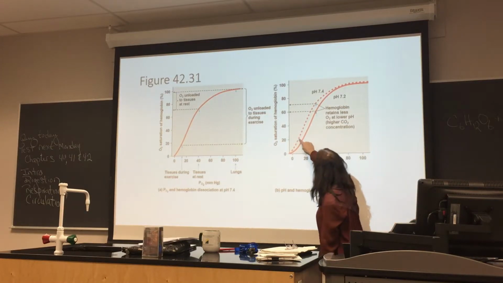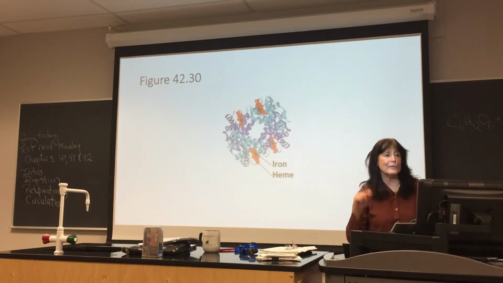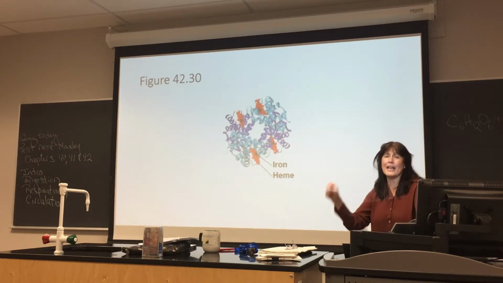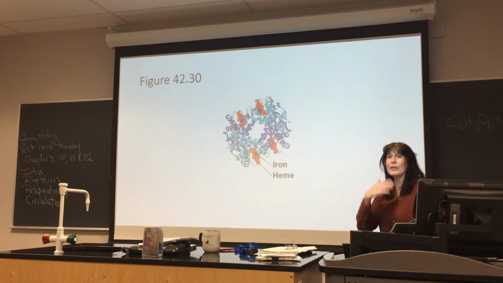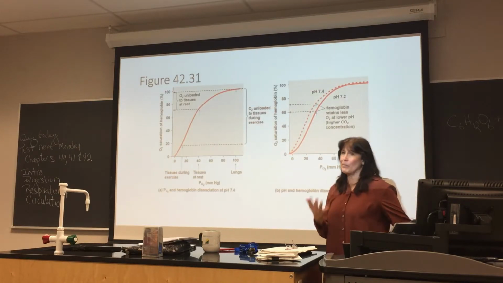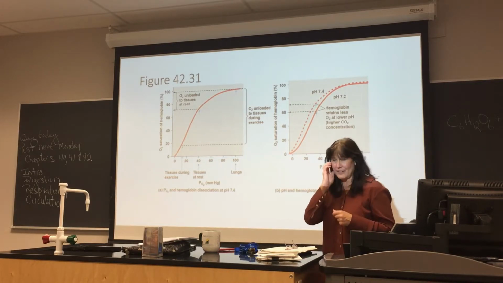Now here, it's showing you that this hemoglobin molecule has a slight conformational change depending upon the pH of the body. Okay? So if you're exercising a lot and you're putting out a lot of carbonic acid, the shape is going to be slightly different.